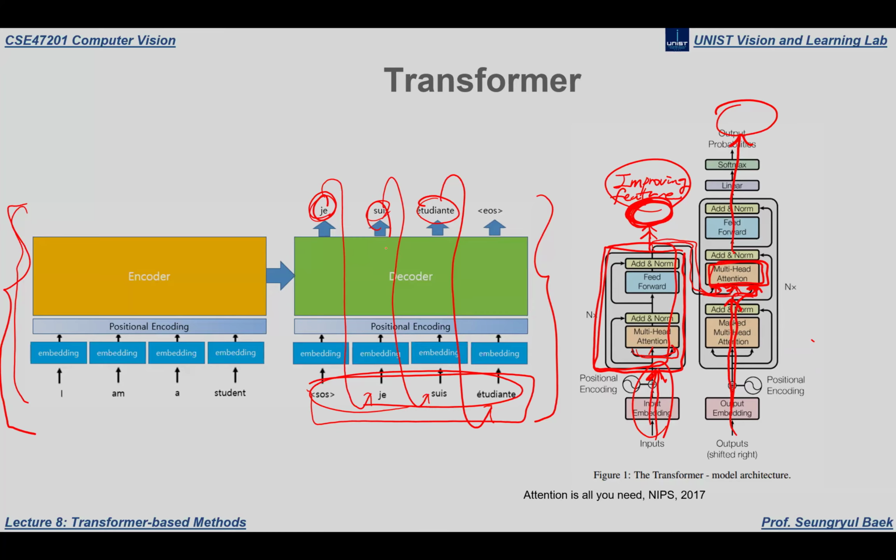In images, we can map all the decoder input to the bounding box or class probability simultaneously, not doing that sequentially as in the NLP domain. That's one difference. And also in our application, these decoder inputs do not have semantic meaning.